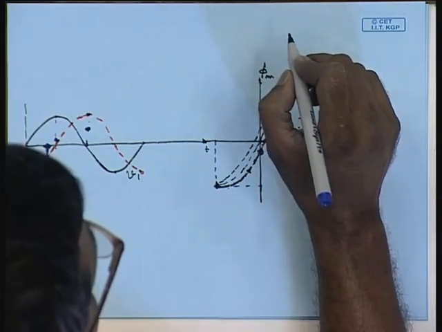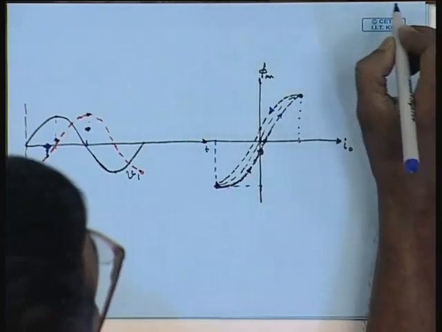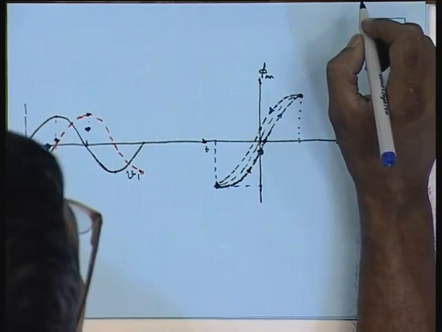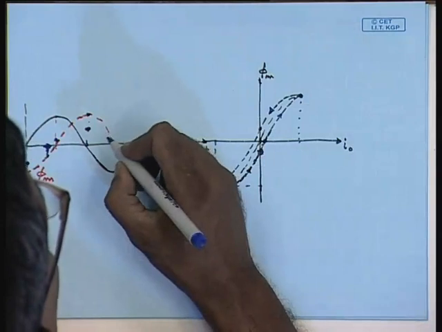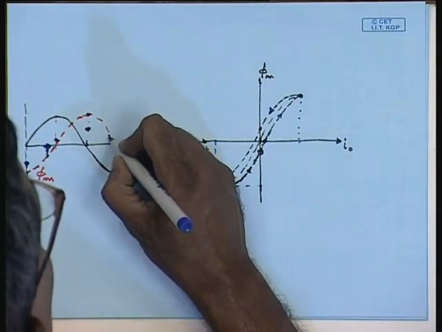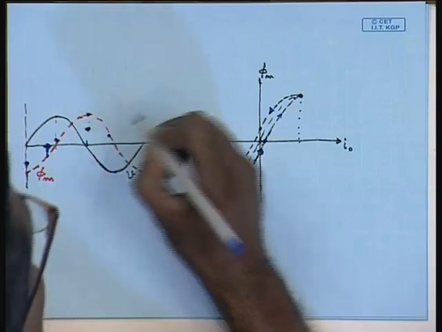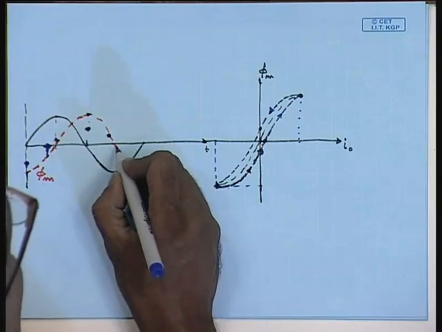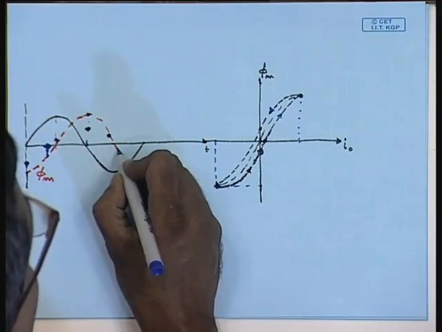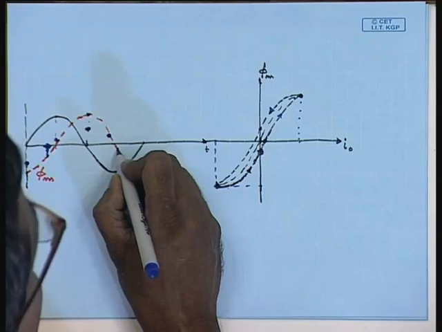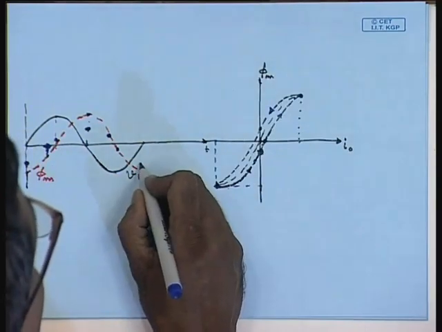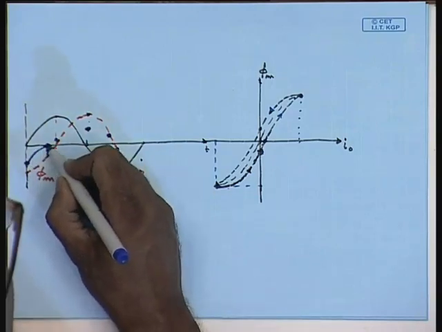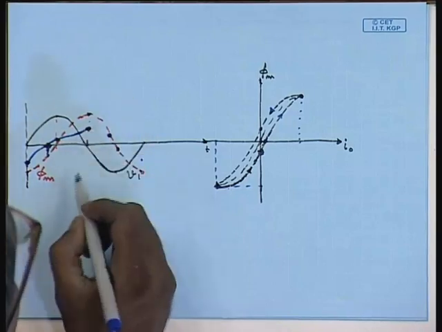So, when the current becomes 0, the flux still has some positive value. Therefore, the corresponding point here will be this, and when the flux becomes 0, the current has already become negative. And here it is again the negative peak. Therefore, the current waveform will look somewhat like this.